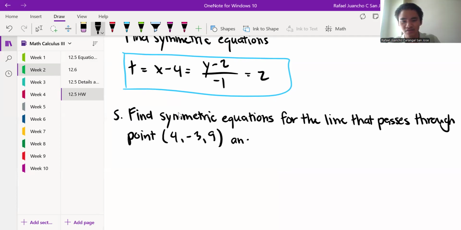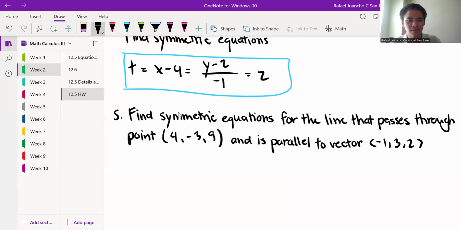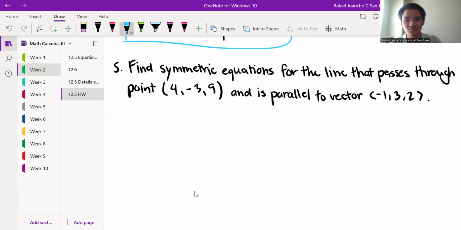And it's parallel. So we're actually given both stuff now. The vector, well, (-1, 3, 2), right? Okay. Now, first thing we want to do, well, we actually figured out our vector. It's already there.